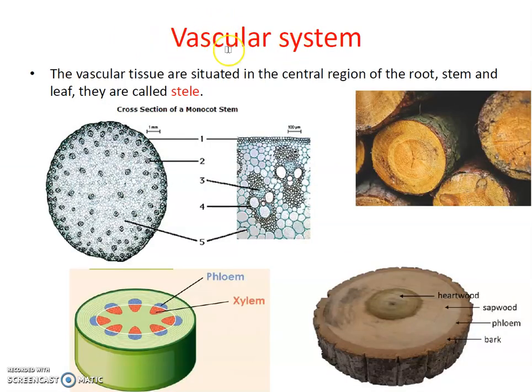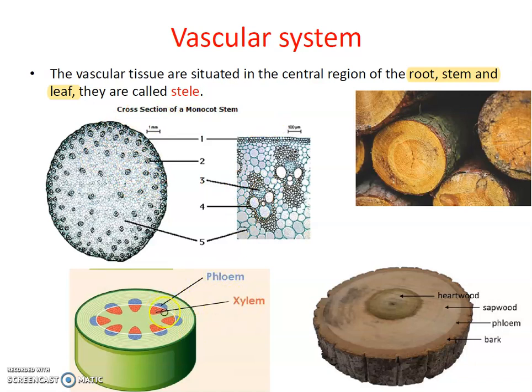So what does vascular system mean? The vascular tissues are situated in the central region of root, stem and leaf. They are called stele. So the arrangement of vascular bundles is called stele. See here, there is wood, and in the wood there is heartwood, sapwood, phloem and bark. In these there are vascular bundles, xylem and phloem.